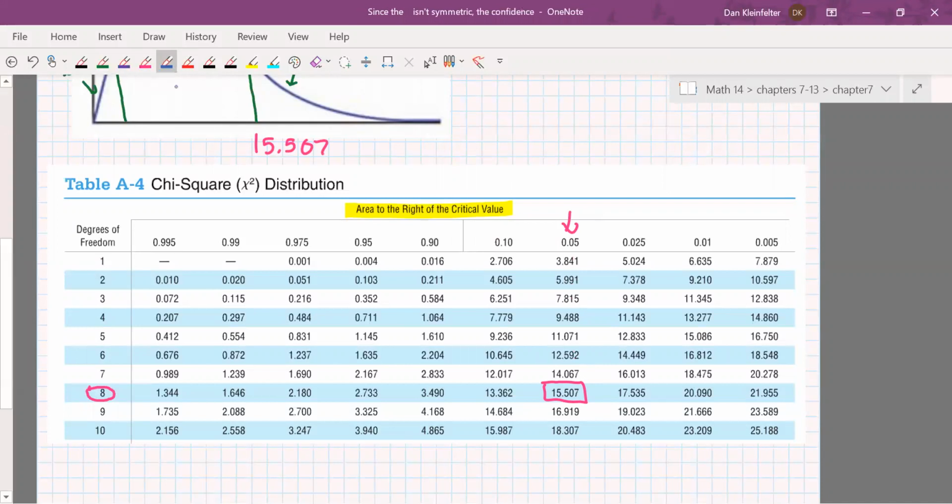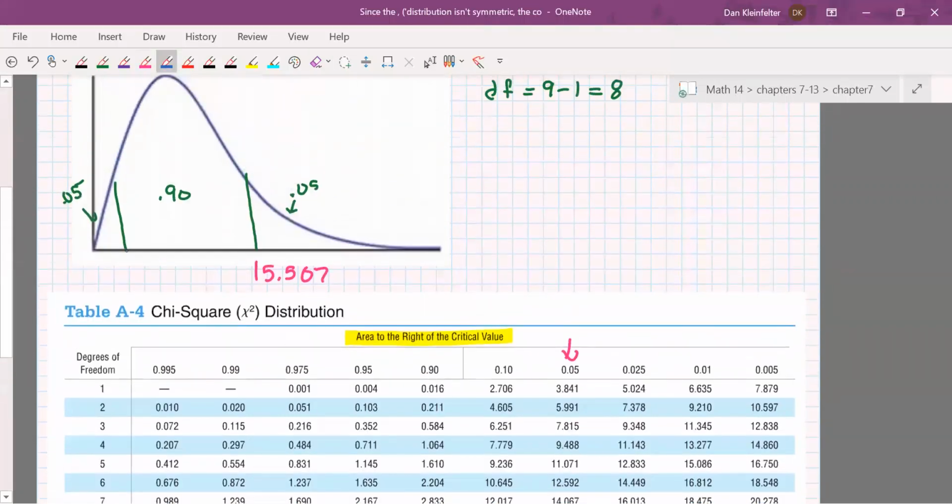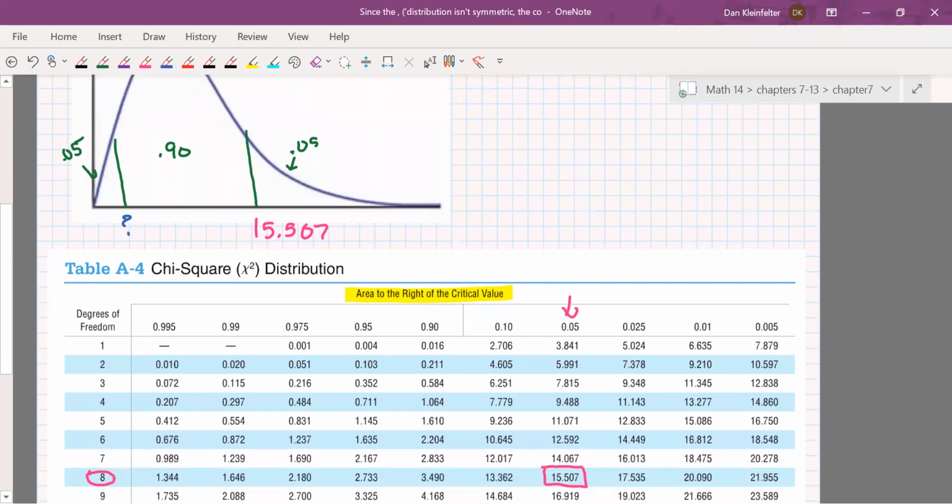Next, we want chi-squared left. So at this critical value, how much area is to the right? 0.90 plus 0.05, 0.95 is the area to the right.